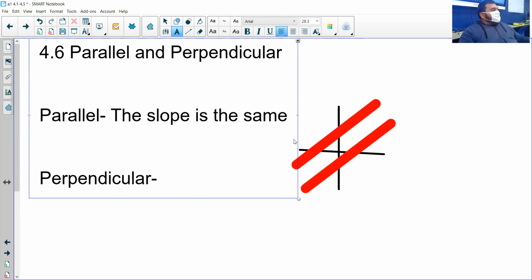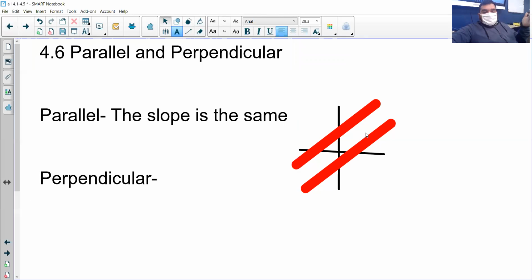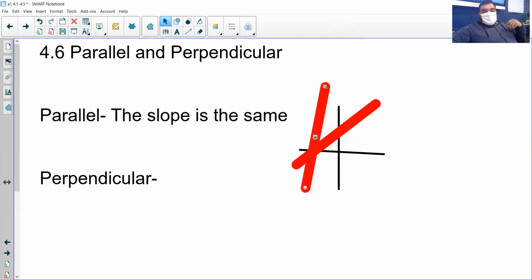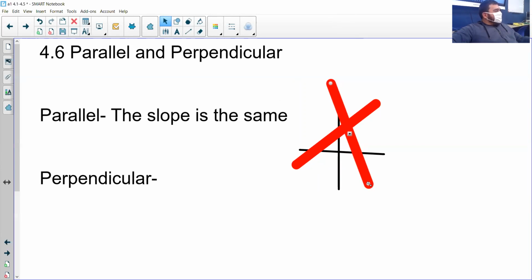Good. Both. Okay, so perpendicular hits at a 90-degree angle, but for a slope, it's going to be a little different. First off, raise your hand. What is a reciprocal? Does anyone remember what it is? I asked you to raise the hand so I could call on different people.